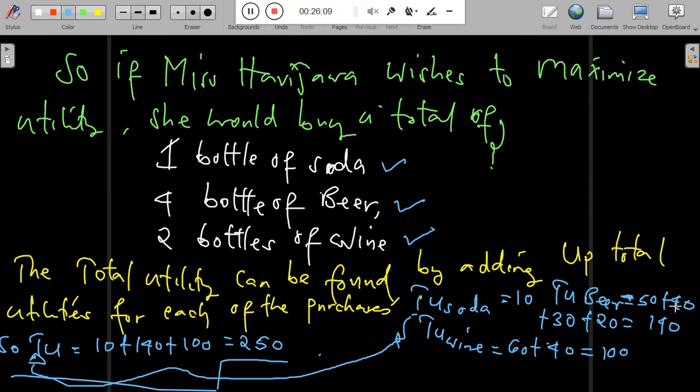Remember that this consumption of 1 bottle of soda, 4 bottles of beer, and 2 bottles of wine has been obtained by critically comparing which utility is favorable between the 3 beverages: soda, beer, and wine.